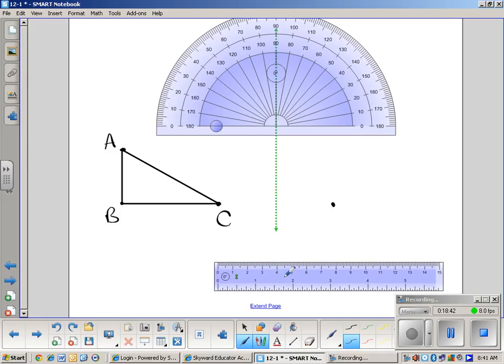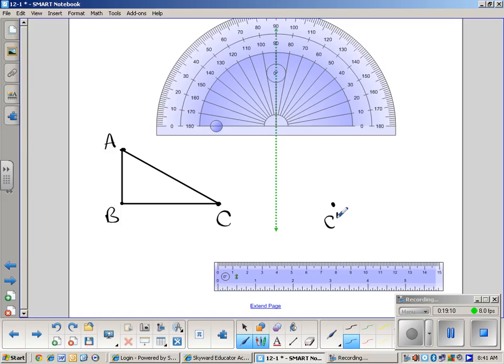And what is this going to be labeled? Can I call it C? Is it the same point as C? No, it's C's image, right? So how do we label that? C prime. That's right, C prime.